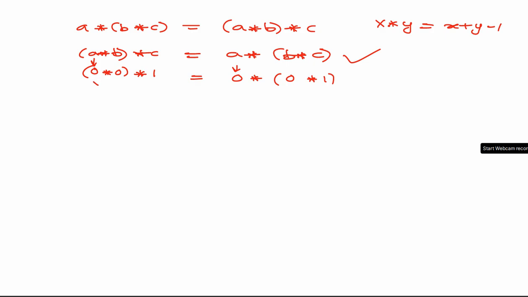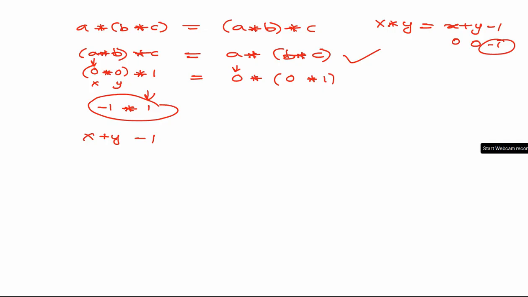That means where there is x we put 0, and where there is y we put 0. So when we put 0 here and 0 here, we get the answer to be -1. So we get -1 star 1 here. We brought 1 there. Now we can use this to express in this expression.